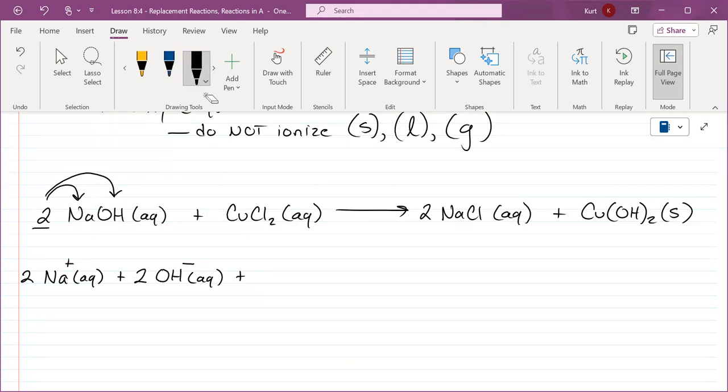Yes, Kellen? When you ionize them, they do stay aqueous. They are not going to go to solid, liquid, or gas. So I want to give you guys an opportunity to see if you can. I know this is your first little baby step. Kellen told you that's copper 2. So see if you can break copper 2 chloride up into its individual ions for me.